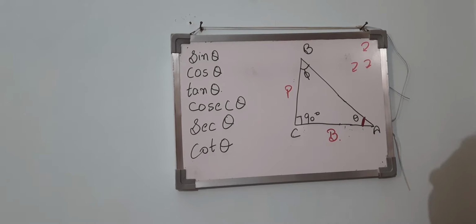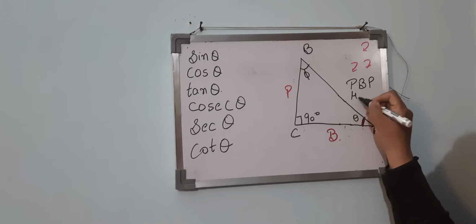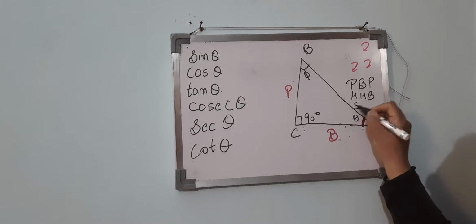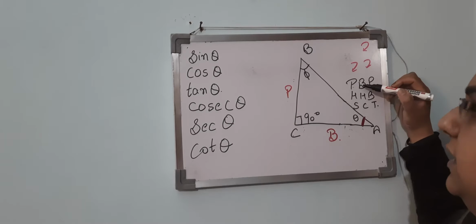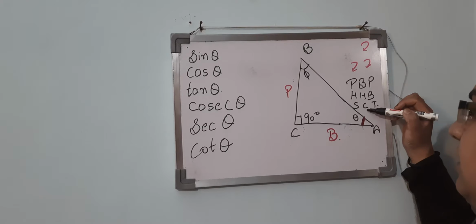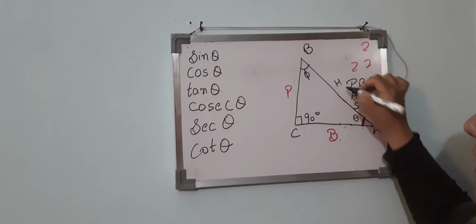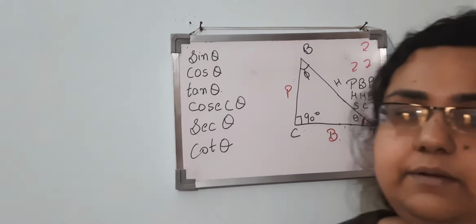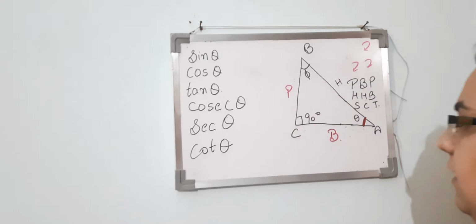Now we have a formula: Pandit Badri Prasad Har Har Bole Sona Chandi Tole. P is perpendicular, B is base, H is hypotenuse, S is sine, C is cos, and T is tan. Hypotenuse will always remain the same and it is the longest side of your triangle.